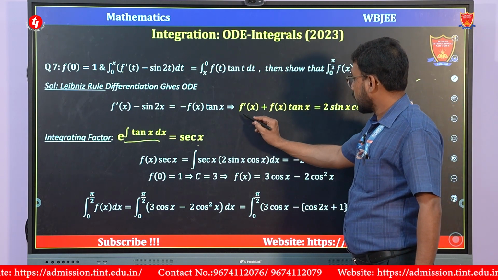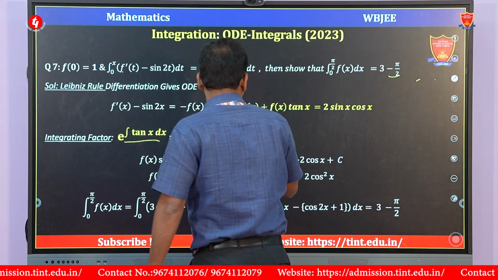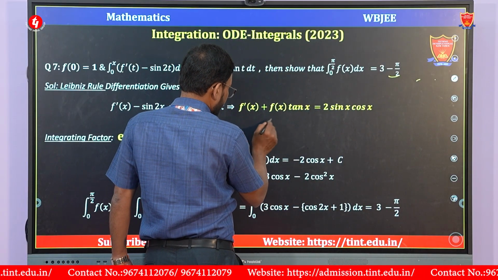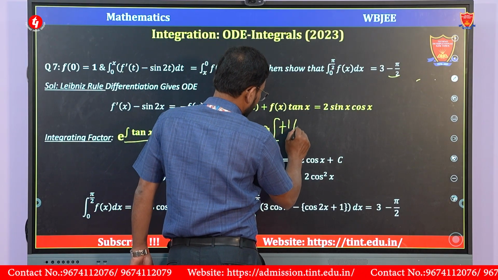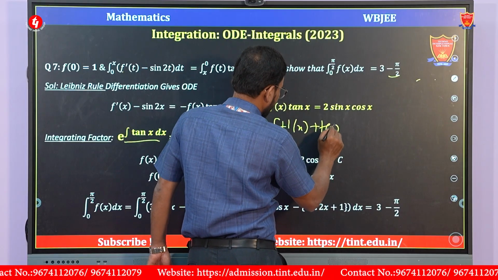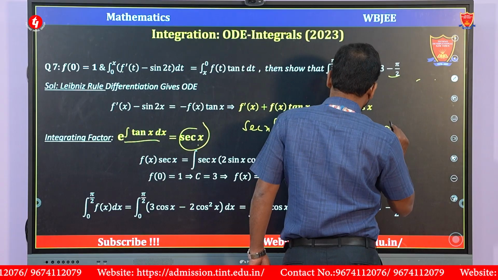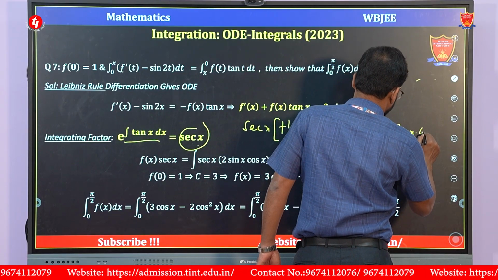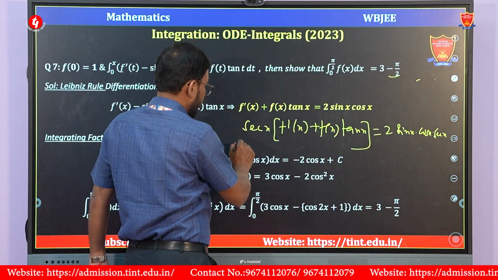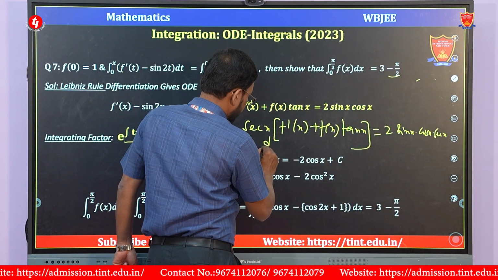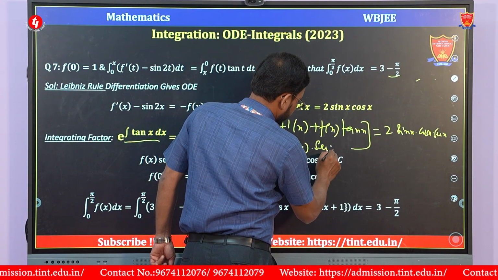multiplying this integrating factor on both sides. So this is sec x f dash x plus f of x tan x, equal to 2 sin x cos x into sec x. Now, this is actually d dx of f of x into sec x.